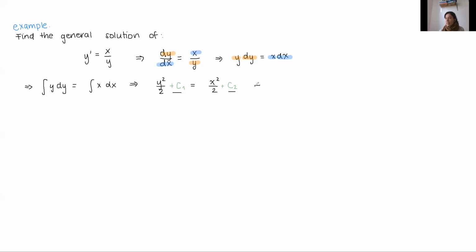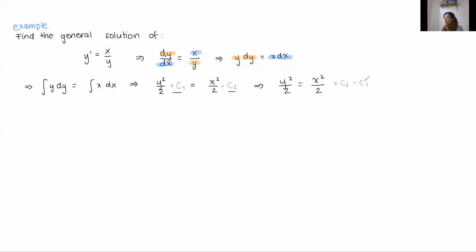So I can rewrite this as y squared over 2 is equal to x squared over 2 plus c2 minus c1.